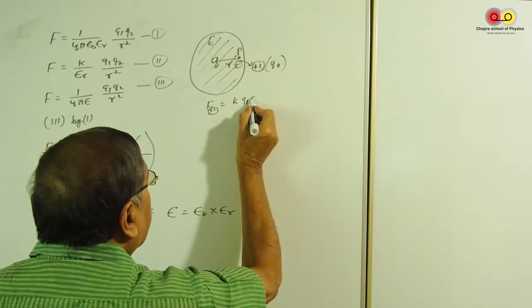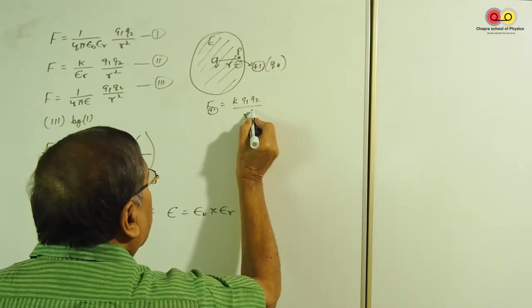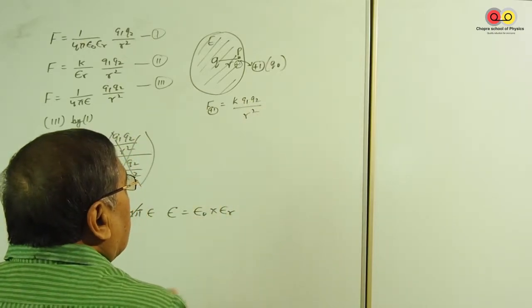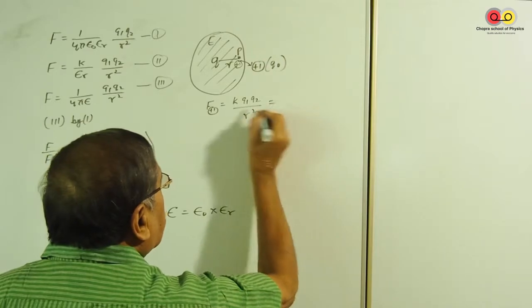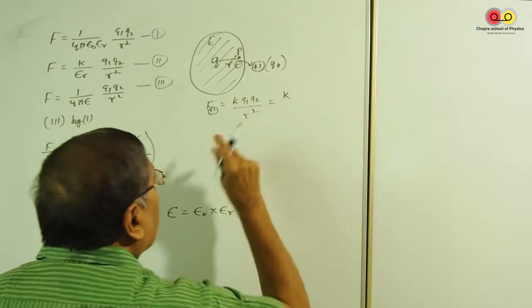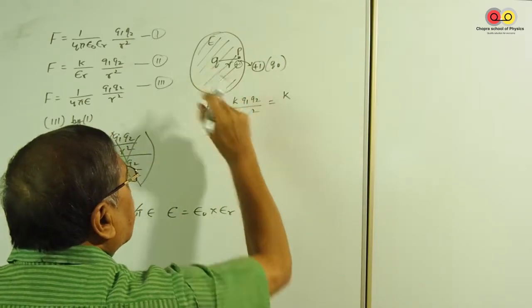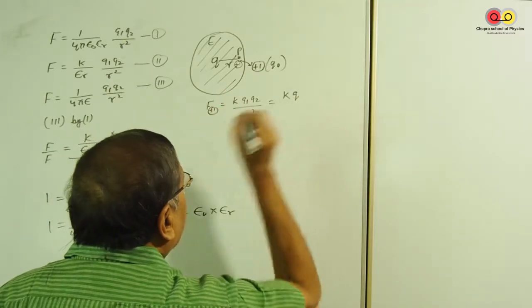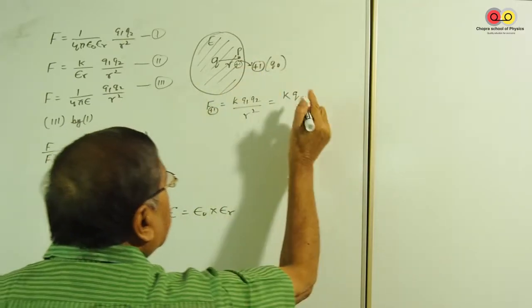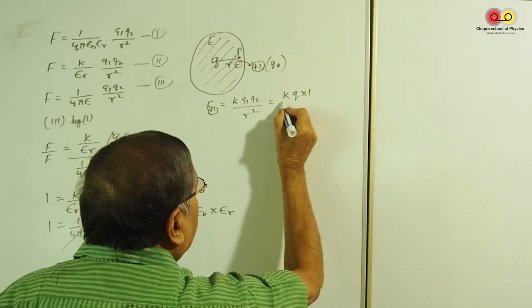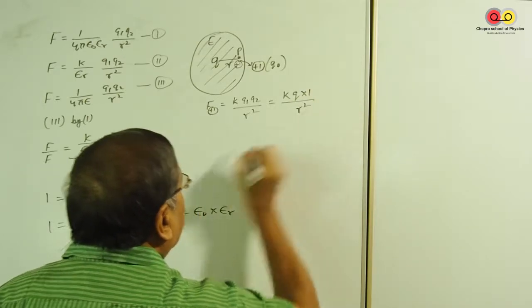So the force experienced by unit positive charge is K Q1 Q2 divided by R square. For Q1 we write Q, and for Q2 we write 1, divided by R square.